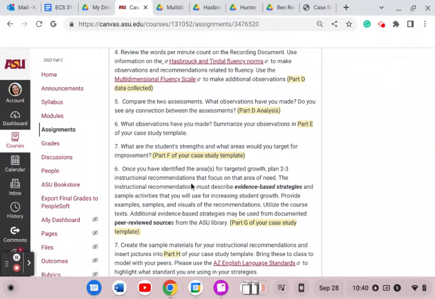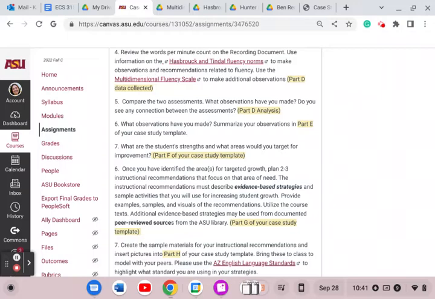Once you get there, you're going to do 2 or 3 evidence-based strategies. What have we learned in our class that you could help this student either with oral reading skills, with decoding, with comprehension? So you will use what we have been learning to think of what kind of literacy activity I can do with this child to take them to the next level with decoding, fluency, and comprehension.